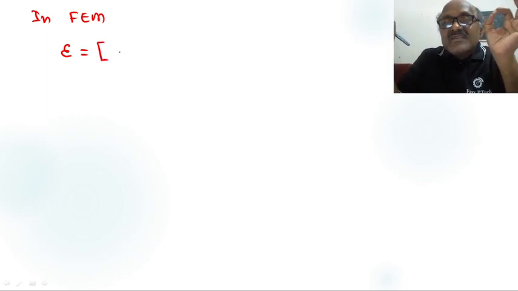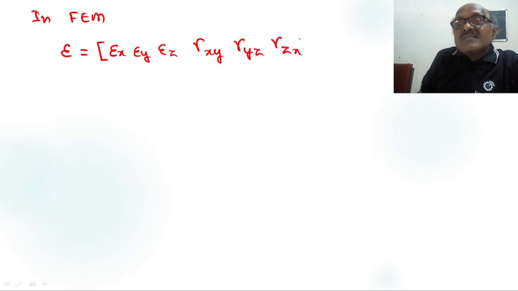Now coming to finite element method, strain represents three normal strains and three shear strains. What are those? Epsilon x, epsilon y, epsilon z, gamma xy, gamma yz, gamma zx, whole power transpose.